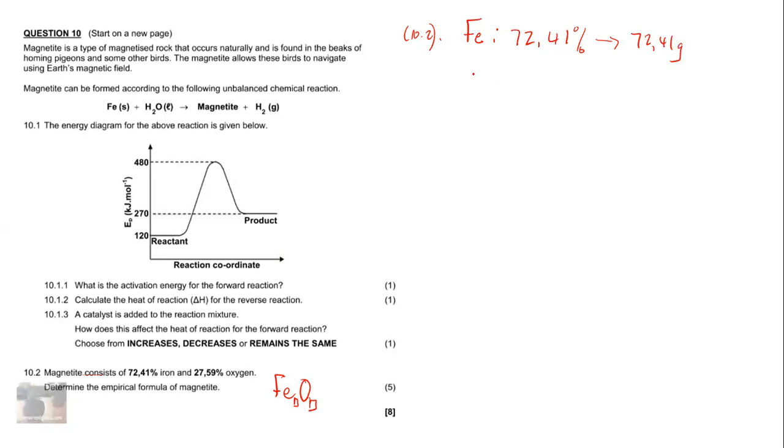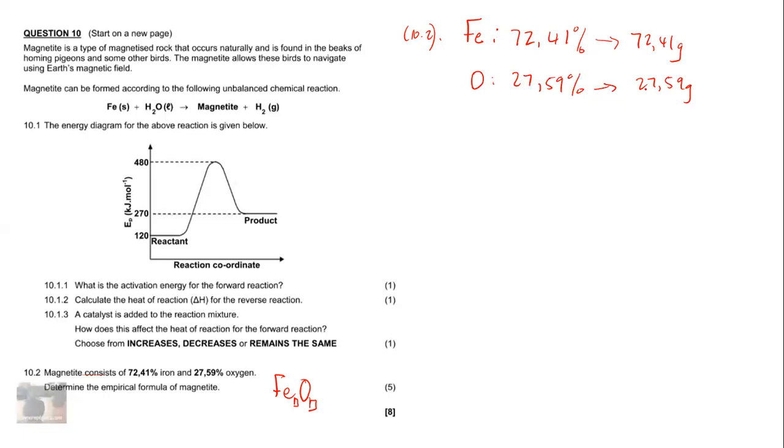Now, the oxygen, magnetite has 27.59% of oxygen in it, which will also be considered as mass. So that means it will be 27.59 grams. That means the whole compound's mass is 100 grams, because when you add these, they will most definitely give you 100 grams.